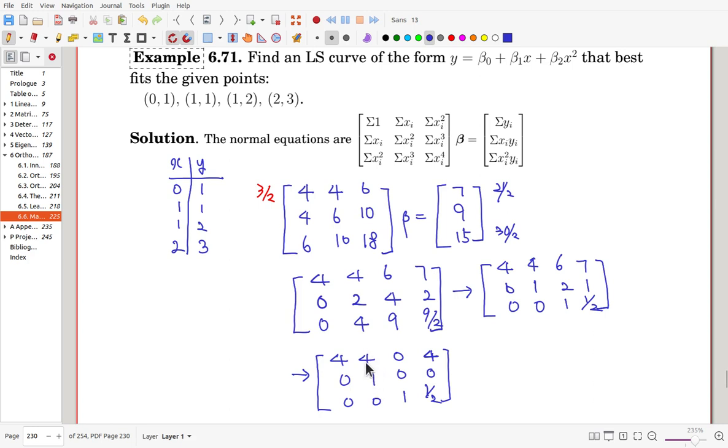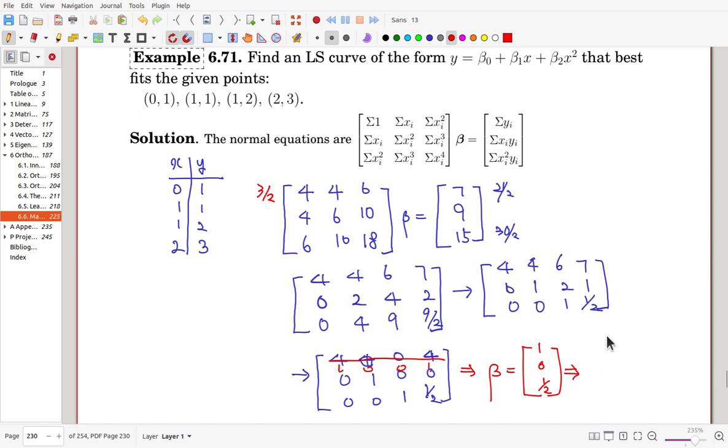We can divide by 4, which means that for the first row, that will become 1, 0, 0, 1. That means beta must be 1, 0, and half.